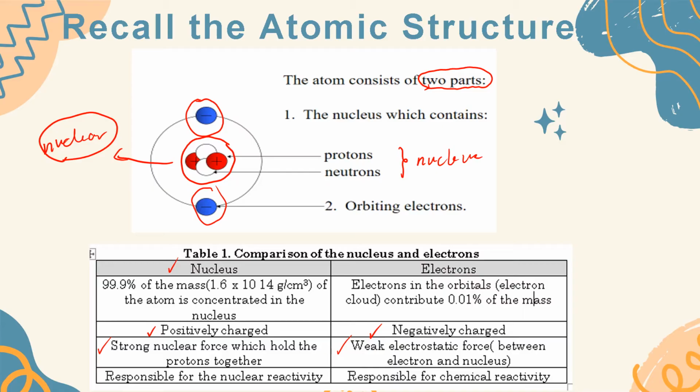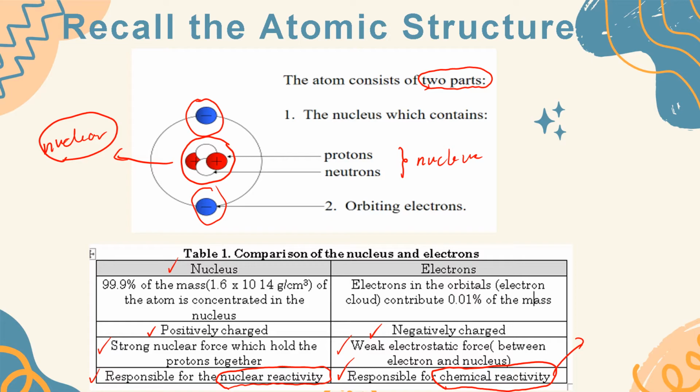The nucleus is responsible for nuclear reactivity, and the electrons are responsible for chemical reactivity. That's why we utilize these electrons to produce electricity.